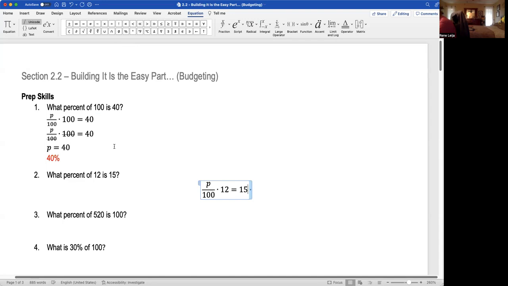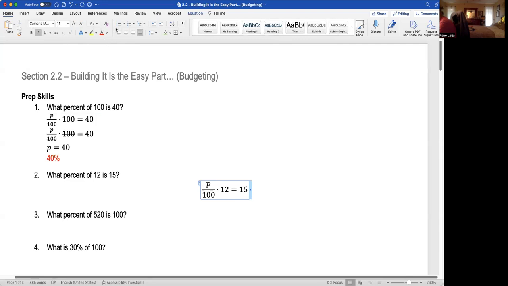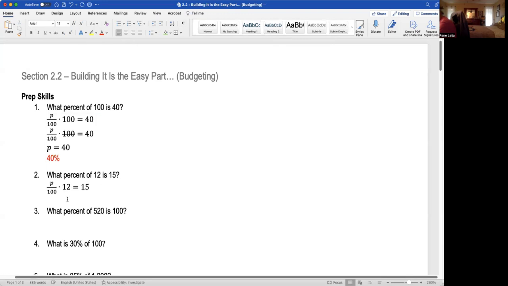Okay. So now this one isn't so nice, right? Okay, well, let's take this step by step. So what I can do is combine the 12 over 100.